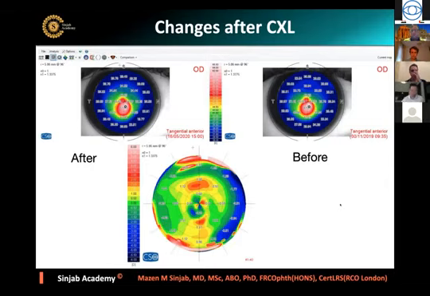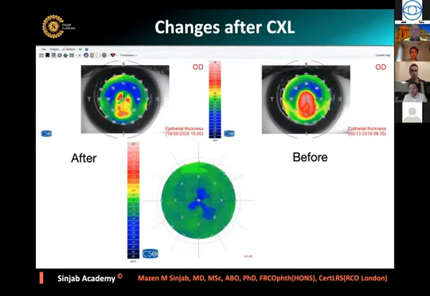So nothing significant. But if we study the epithelial map, before and after, look how much more regular the epithelial map is, and it is getting thicker after the cross-linking because of flattening of the stroma. Because as we said, when the stroma flattens, the epithelium thickens. If you look at the map at the bottom, you will see that there is thickening in the epithelium.